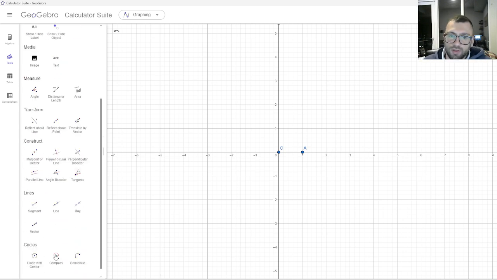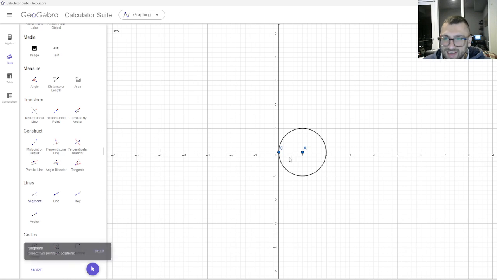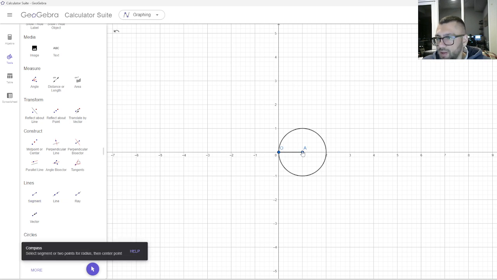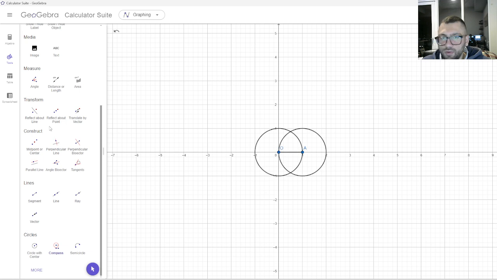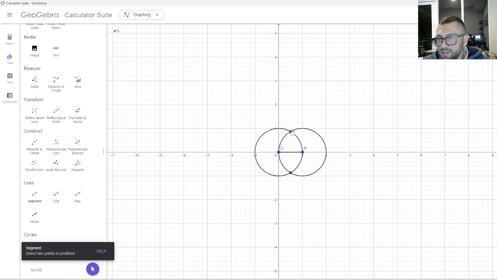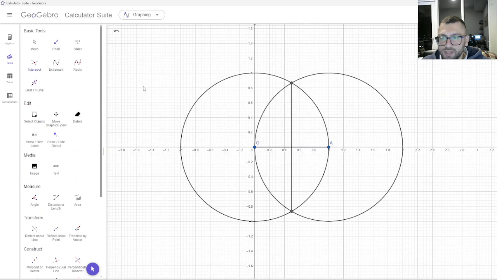First, maybe what we should do is draw a line segment between O and A. Now we're going to bisect that line segment. So we're going to grab our compass, do our little bisection technique. So find these 2 intersections of the circle, draw the segment between the 2, and then find their intersection.